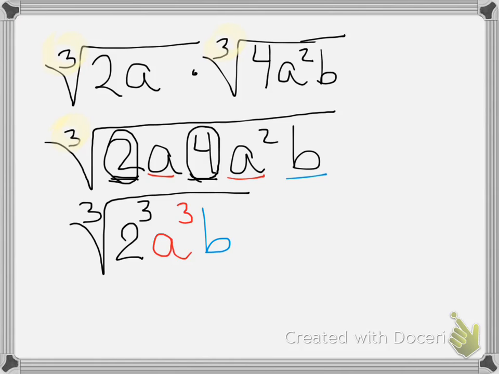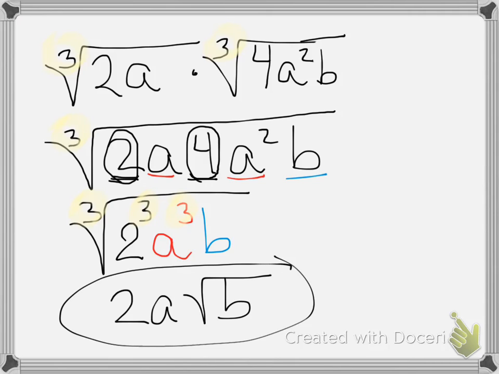But now what's really nice is, here's my index, there's my cube, there's my cube. So I know those are going to come out. So I get 2a, and the b is still in the radical. And again, try them and pause it, try it on your own, and then see if you got it. At first these seem really confusing. Once you get the hang of them, they're not too bad.